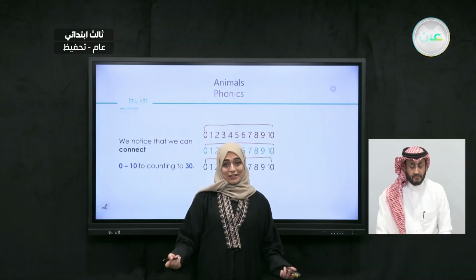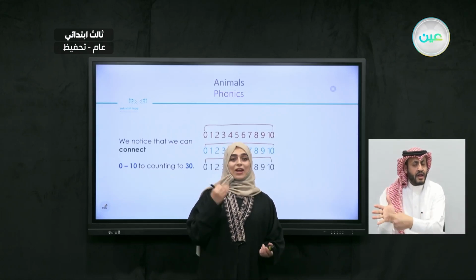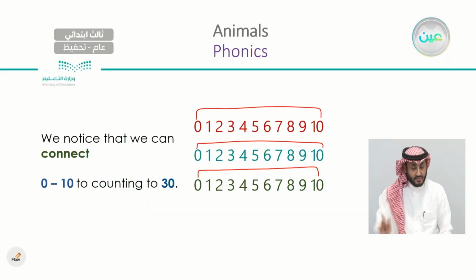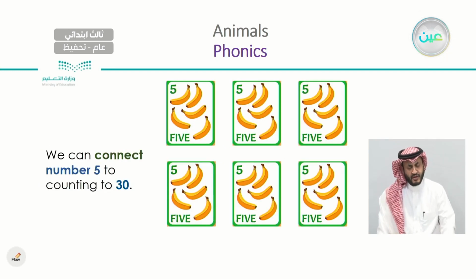So 3 10s equal 30. Excellent. So all of these 10s equal 30. So we can count by 10s. Do you want to count with me? 10, 20, 30. Excellent.